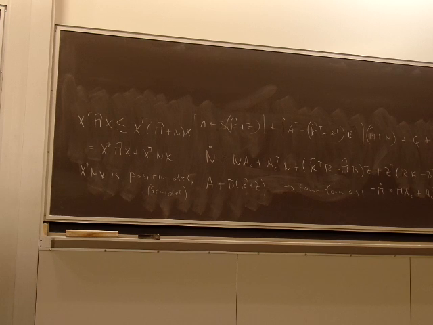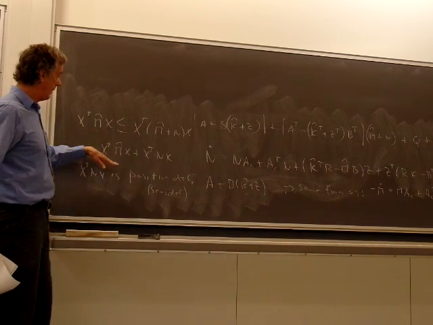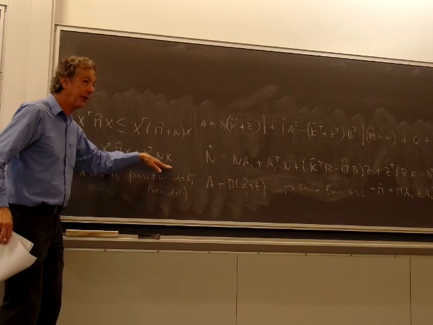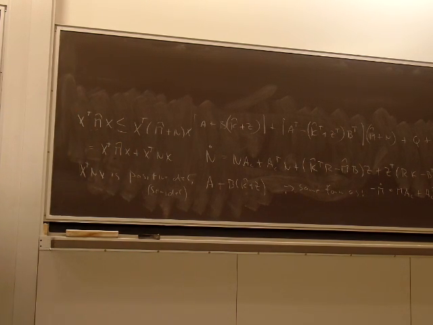It's got to be bigger than this. So if this is the optimal, it's equal to the optimal plus something that's bigger. That implies it's got to be at least positive definite, or positive semi-definite.